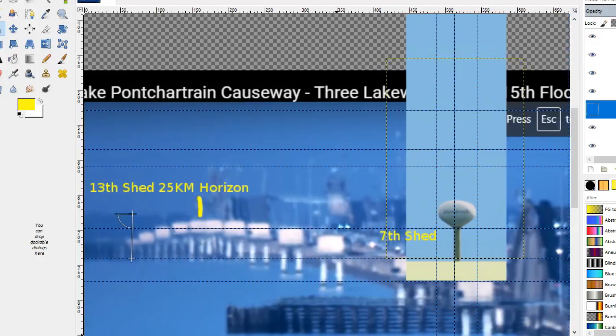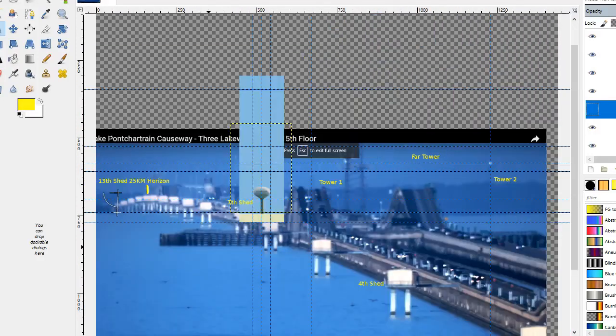And I counted back from this being the 4th shed, 3rd shed, and then there's 2 more until the shoreline. And there's 14, 15, 16, 17. There's actually 19 sheds, I believe, total.